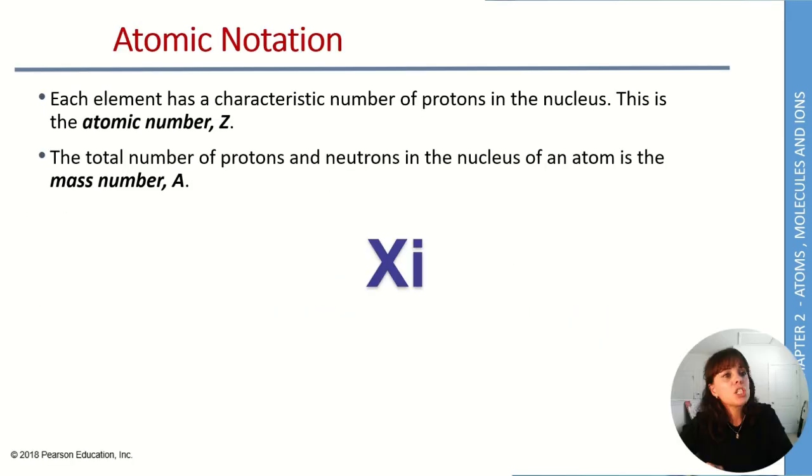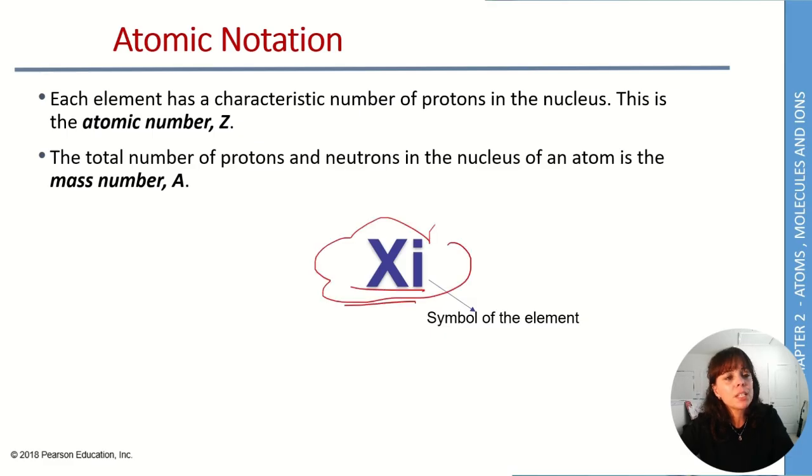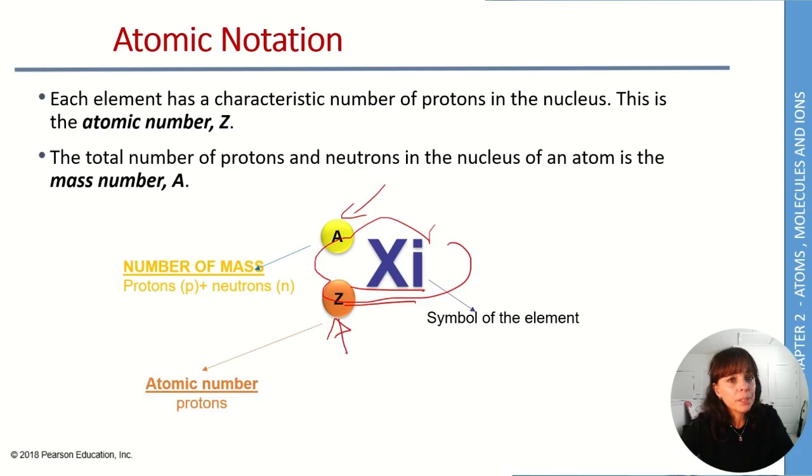So atomic notation, I already explained a little bit before, a few slides ago. So we have the symbol of the element on the left side. Only the first letter is a capital letter. So we have the mass, and then we're going to have the atomic number over here.